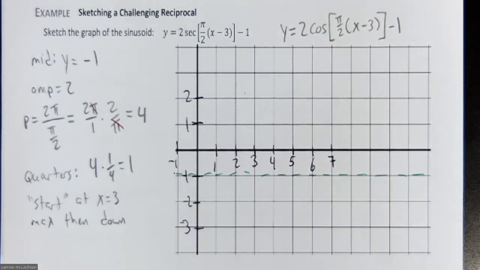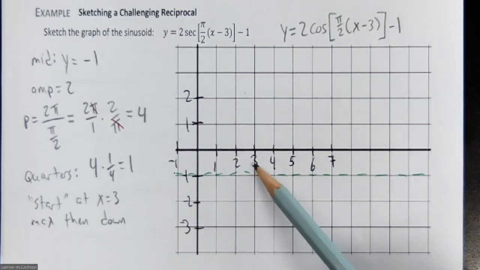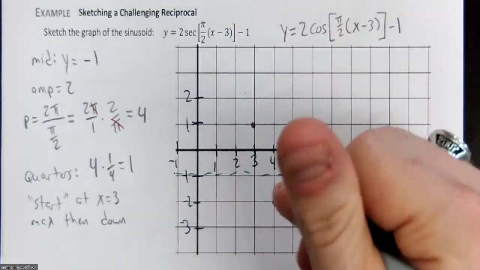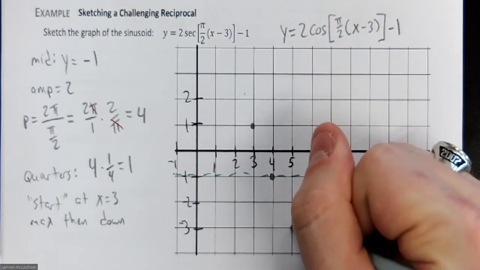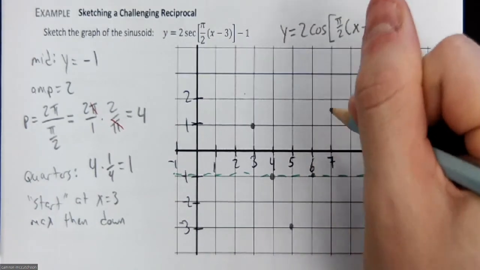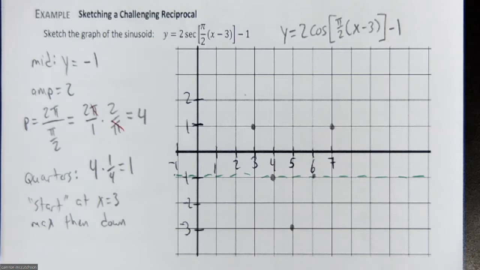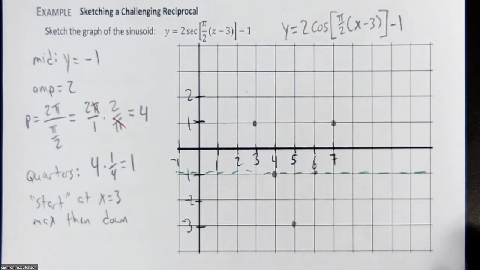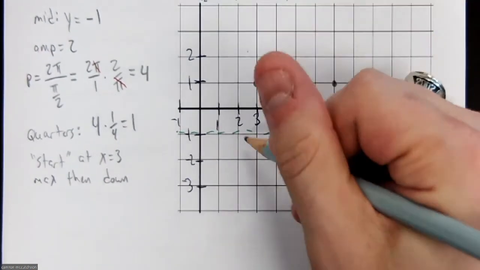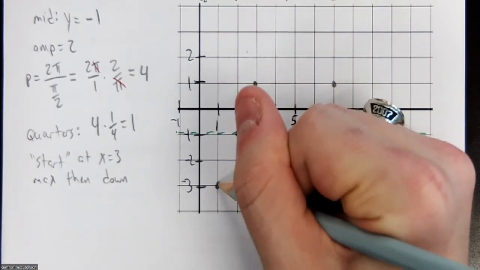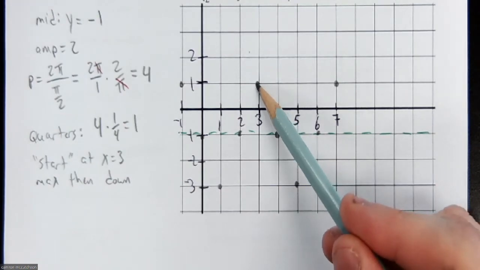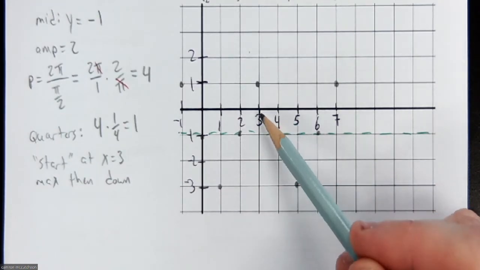At positive 3, we're going to be at our maximum of 1, and then midline, then minimum, midline, maximum. Because I think it makes a good picture, I do want to get 2 periods on here, but instead of going further out to the right, I'm going to go left. Just the reverse order. I'd start from the left and then go down the right. As long as you have this point here at x equals 3, you're good to go.